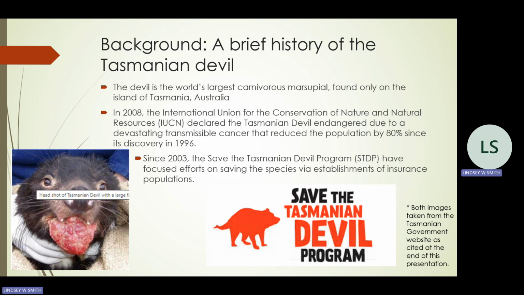It's one of a small number of contagious cancers ever recorded. So it's really unfortunate that it hit this population. This cancer is transmitted via biting and results in rapid growing facial tumors. You can see there in that image that I took off of the Save the Tasmanian Devil program website.